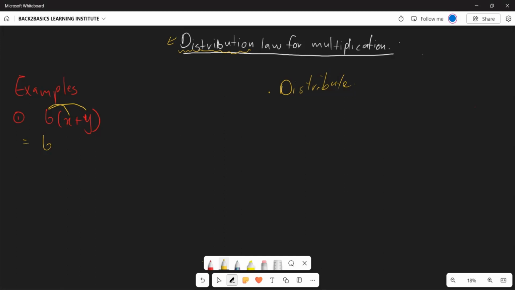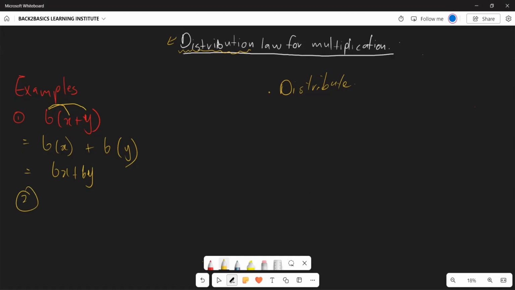This is going to be 6 multiplied by x, plus 6 multiplied by y. What you are going to have is 6x plus 6y altogether. This is your solution for number 1.